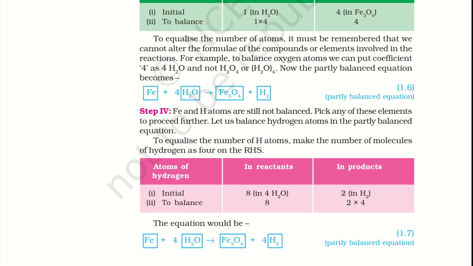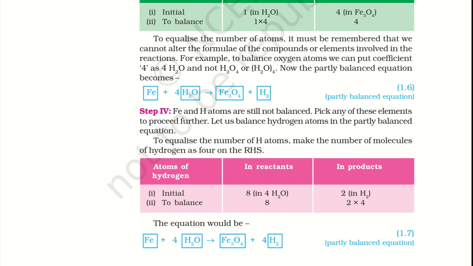Initially, hydrogen became 8 atoms in the reactant, as it was multiplied over here, 4 2s are 8, while it remained as H2 in the product. So let's multiply by 4 in the product to make it 8.